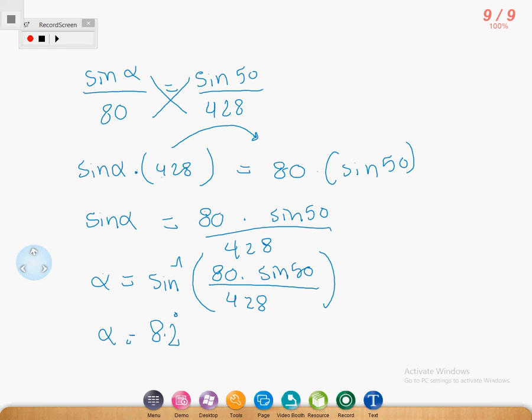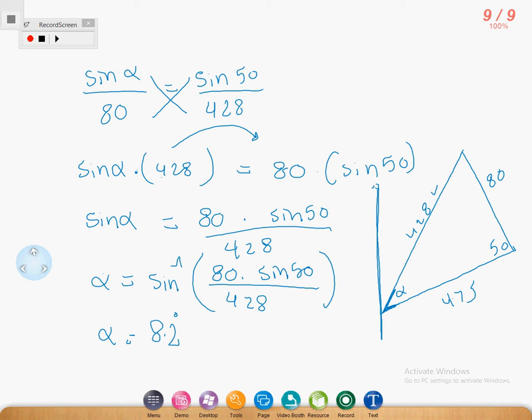Do you remember what alpha was? Let's graph it again. I guess you forgot where alpha is. This is alpha, right? And this is 80. This is 475. This is 428. And the angle here is 50. And he asked us to find first the magnitude, which we already found, then the direction, and we said this is not my direction. This is an angle, I needed to find the direction, because I need the direction according to north, west, left, right, whatever. So if you remember, there was a perpendicular here.